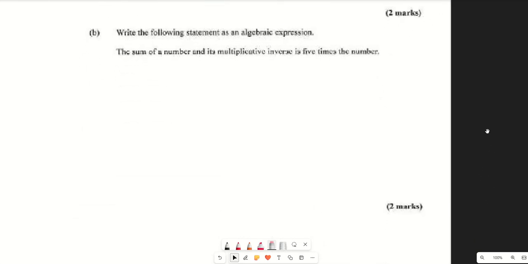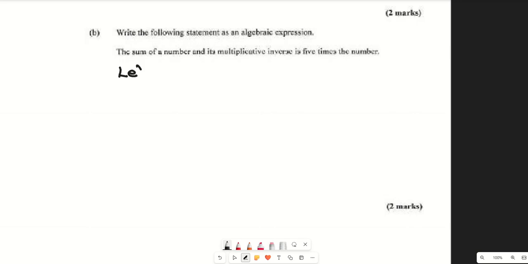Let's see part B. Write the following statement as an algebraic expression. The sum of a number and its multiplicative inverse is 5 times the number. So you're saying a number.